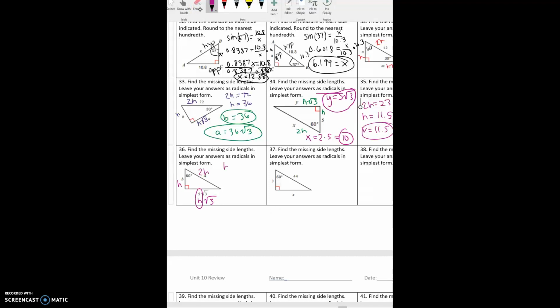H equals 5, so B equals 5 and A equals 10. 30, 60, 90. 2h, h square root 3. H equals 22. Therefore, y equals 22. And x equals 22 times the square root of 3.